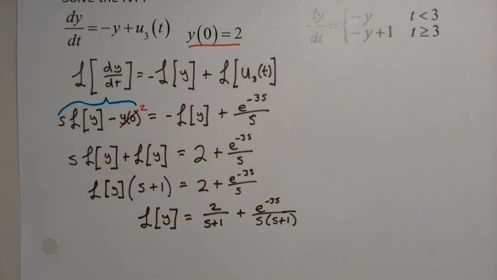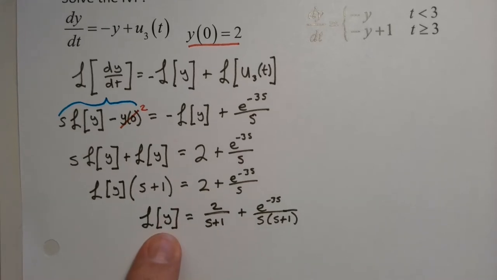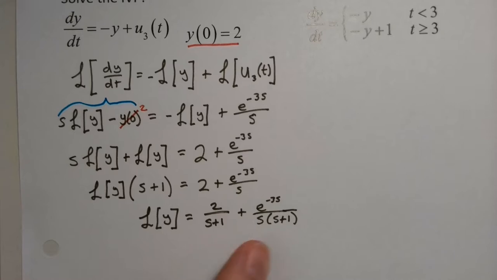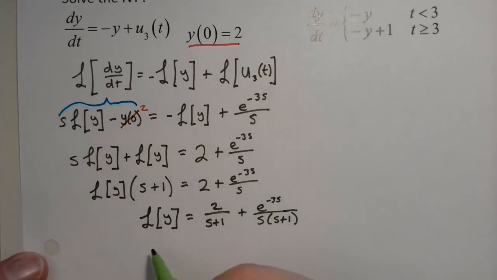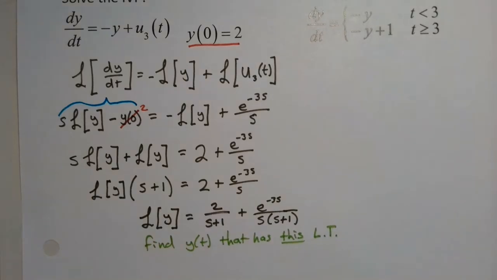So basically at this point we know that the Laplace transform of the actual solution, the particular solution, is this. So what we need to do is find the y of t that has this Laplace transform. Because if we can find that, we've solved our problem.